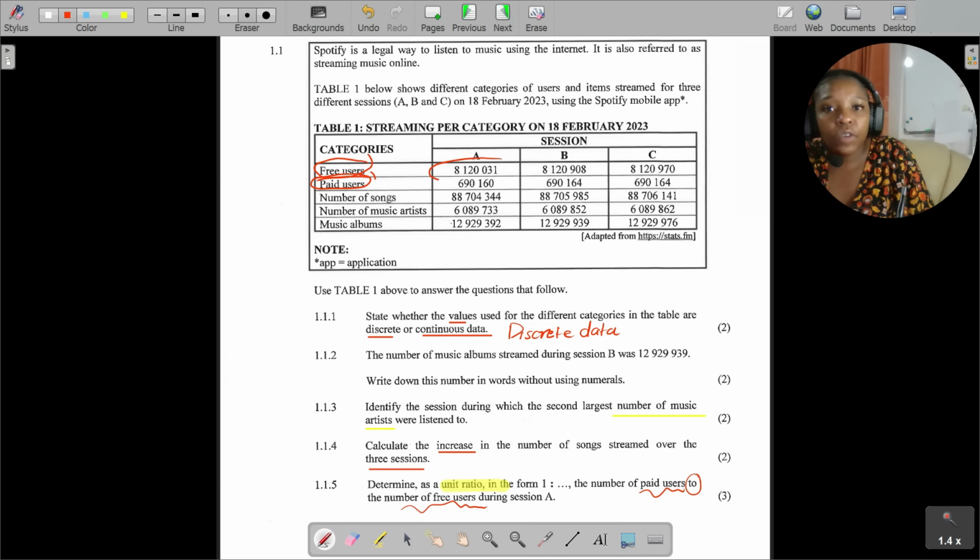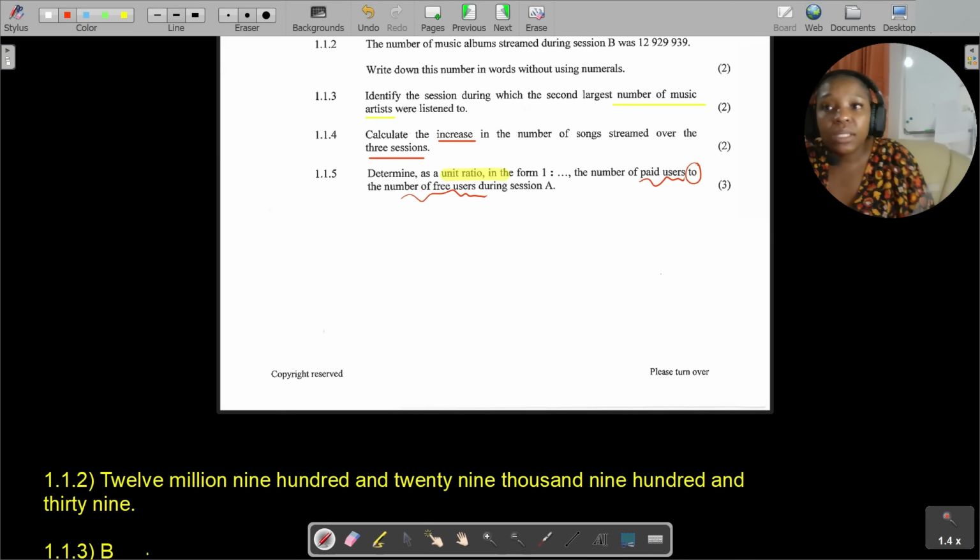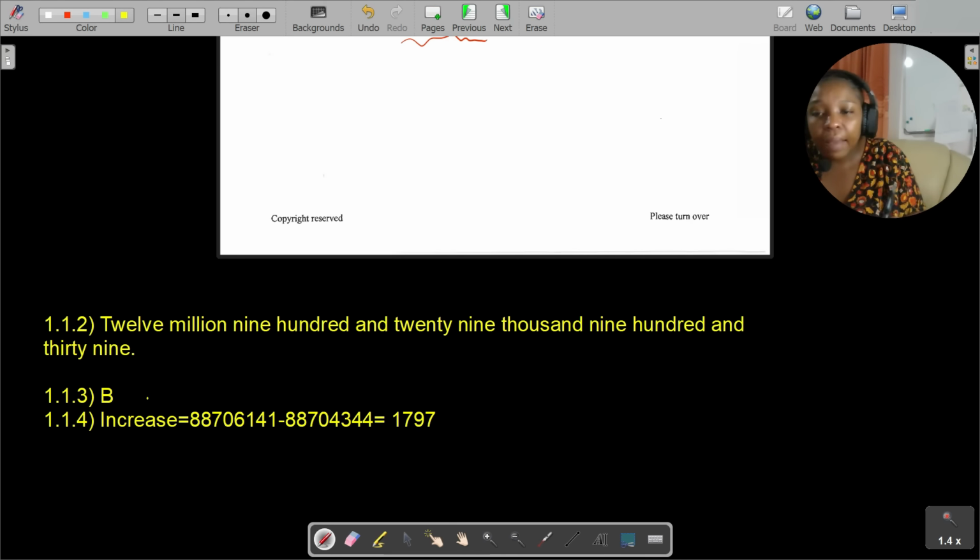Okay, so the free users is that, the paid users is that. The question basically tells us how we need to set up our ratio. Okay, we're going to set it up exactly how they've told us.